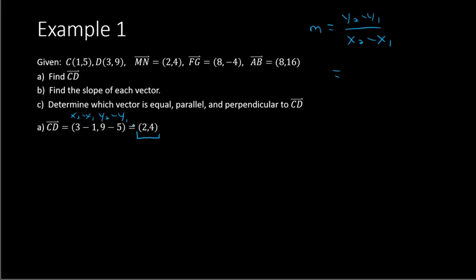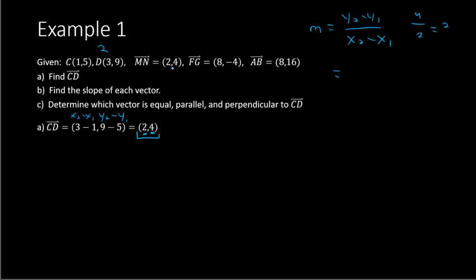To find the slope of a vector, we just take this y component, the change in y, the 4, that's going to be the top, and then divide by the x component, the change in x, which was 2. So we have 4 divided by 2, which is 2. So the slope of CD would be 2.